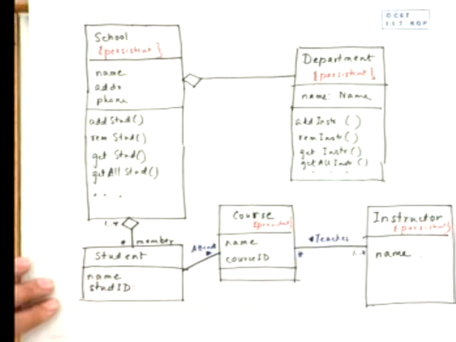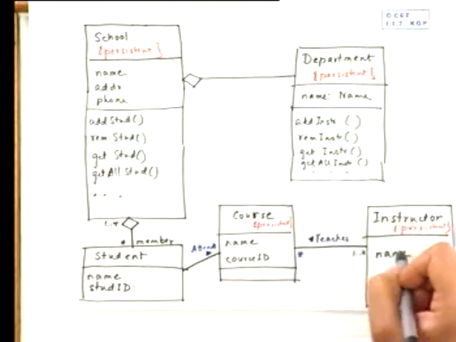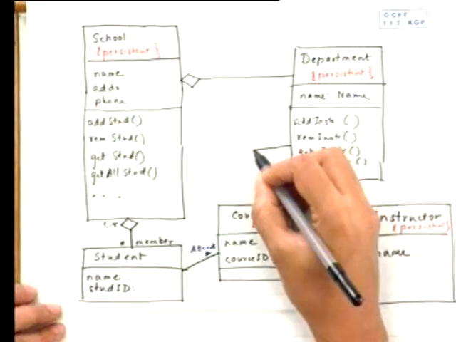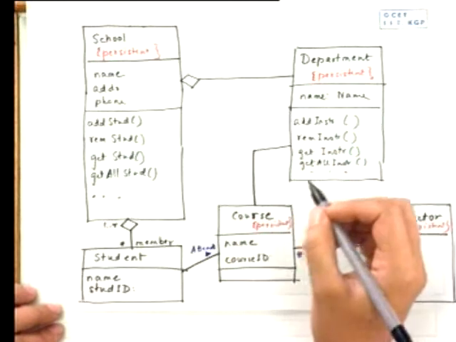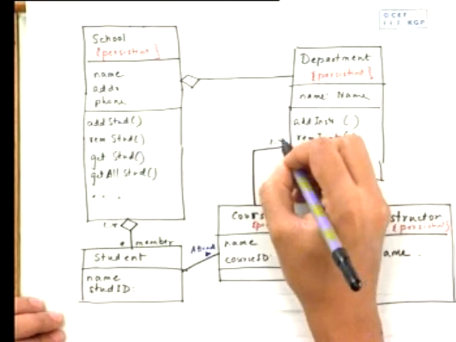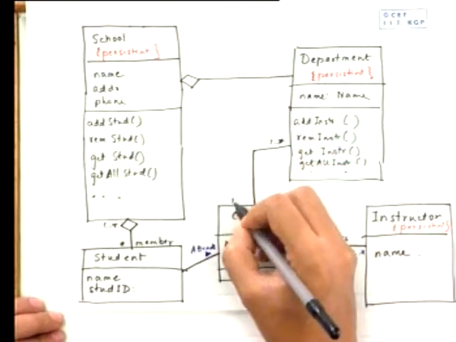Now, let us look at relationships of these classes with departments. A department has courses. So there's a relationship between a department and course. And this is the multiplicity of the relationship. Similarly, a department has instructors.